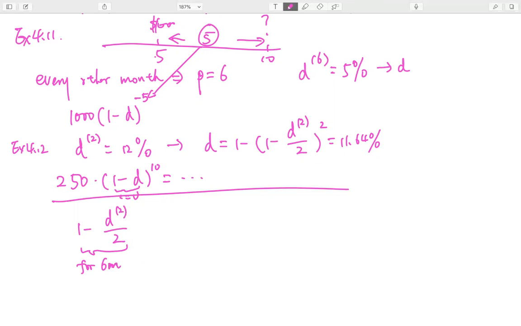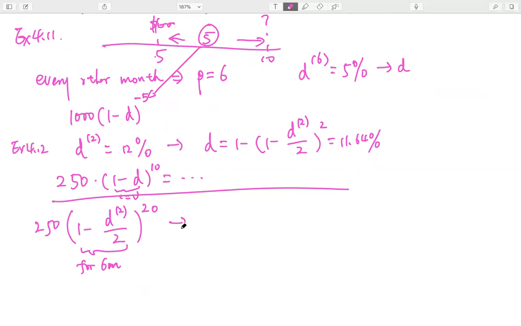This is pretty much the discount for 6 months. Now we want 10 years, okay? 10 years is nothing but 20 six-month periods, right? There are two 6-month periods a year.